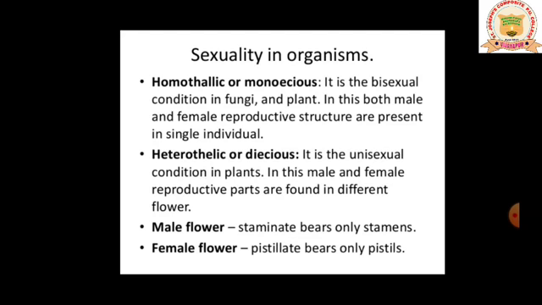Like you are going to see your anthers and your ovary. Pistil and stamens are present in the same plant. Such a plant we call homothallic or monoecious.